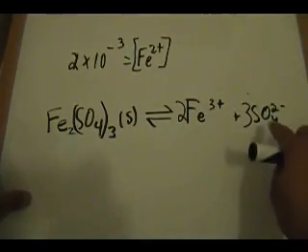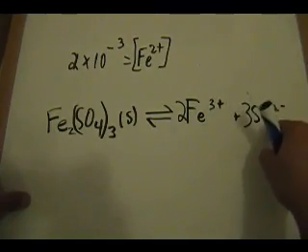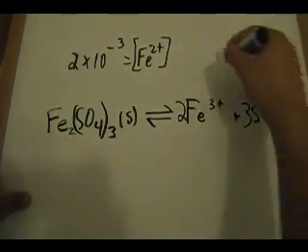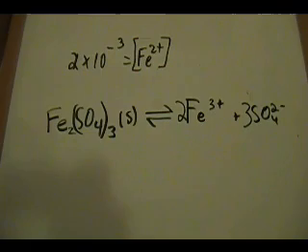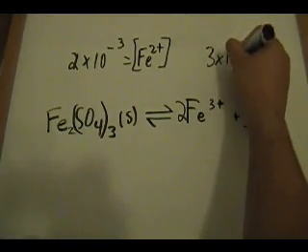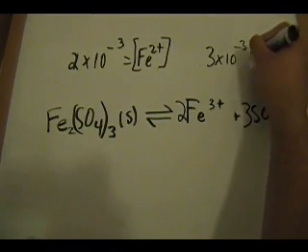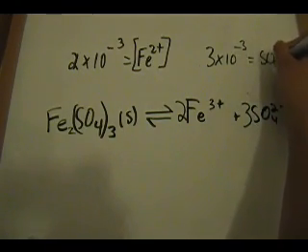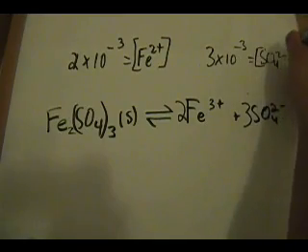And the concentration of the sulfate ion will be 3 times 10 to the negative 3, and that's the concentration of it.